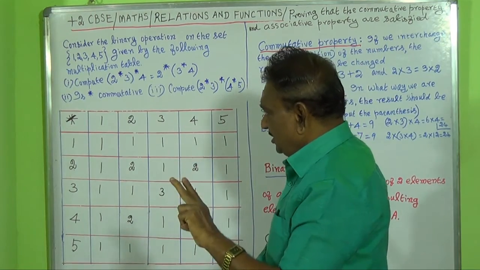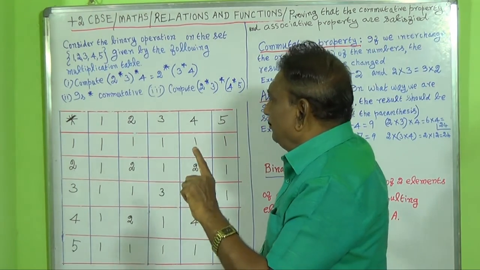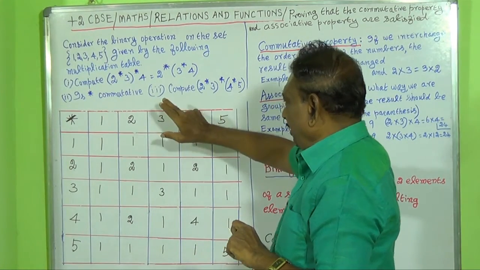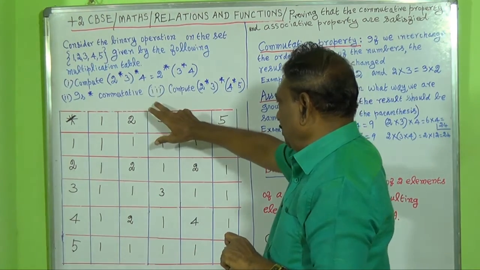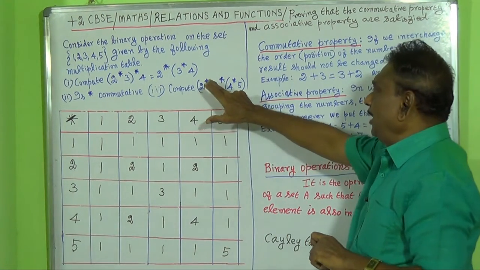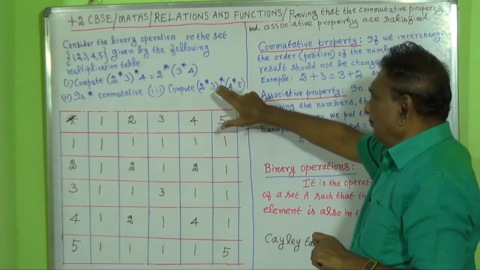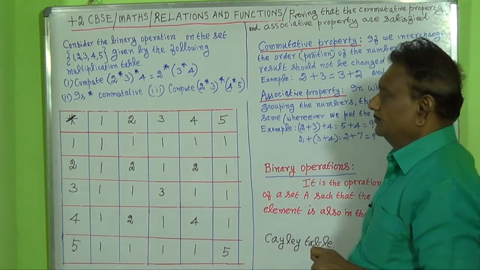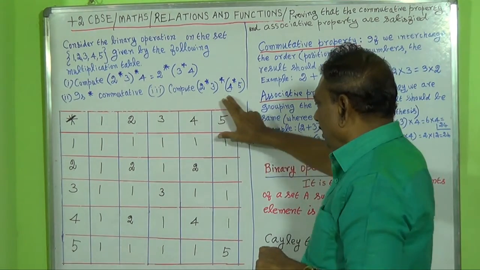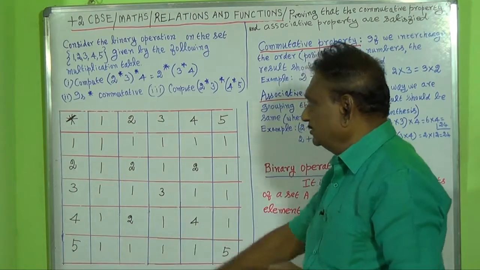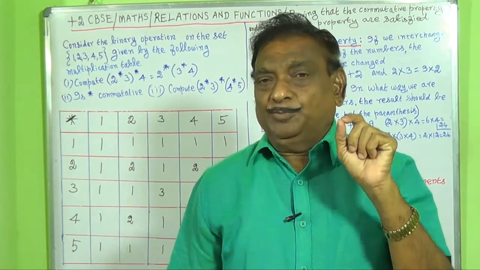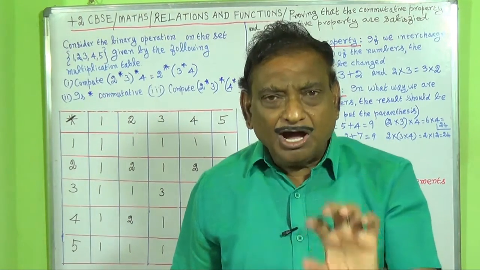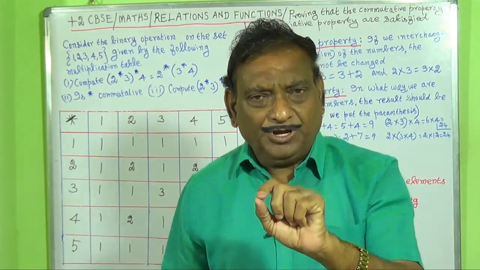The second question is, is the binary operation commutative? The third question is, compute (2 binary operator 3) binary operator (4 binary operator 5). The multiplication table is also given. We know that the multiplication table is also called the Cayley table because Cayley described this table.